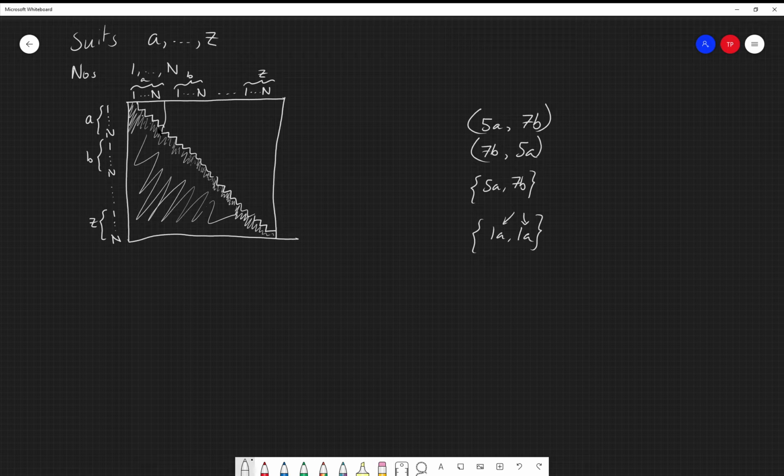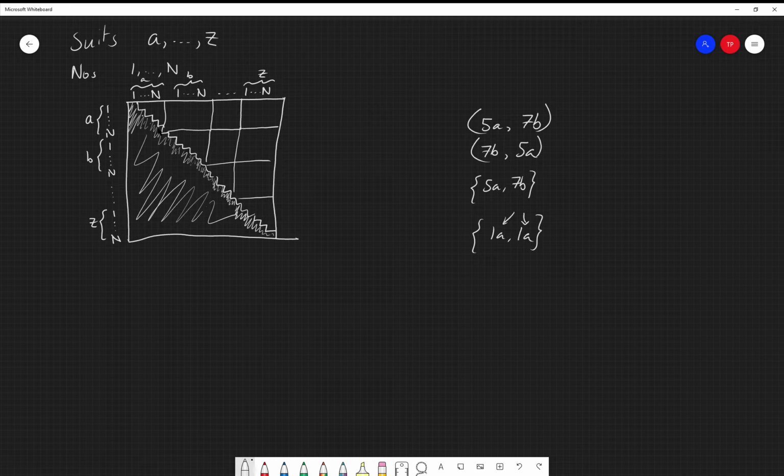And then we can go like this. And we can split the board into regions. And these lines just keep going down. We go across like this.